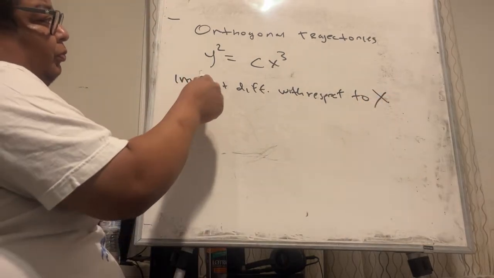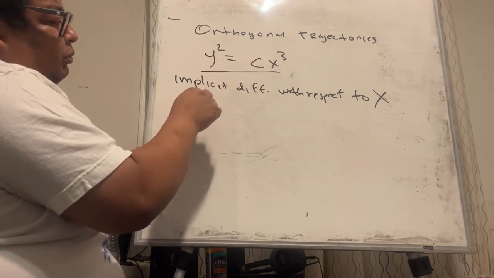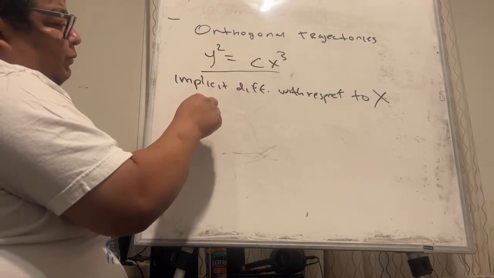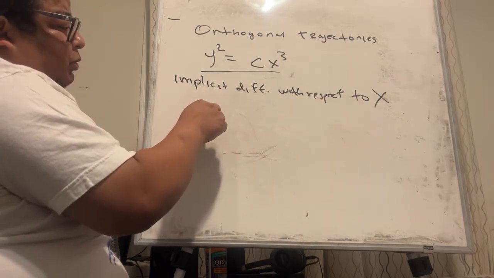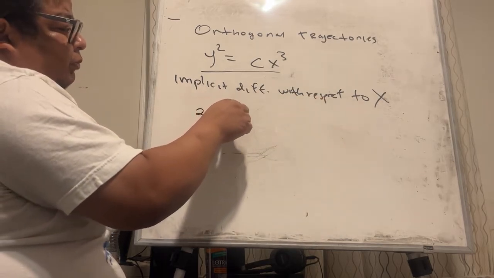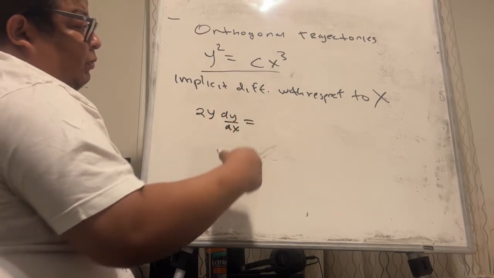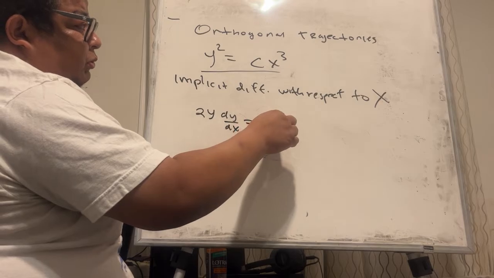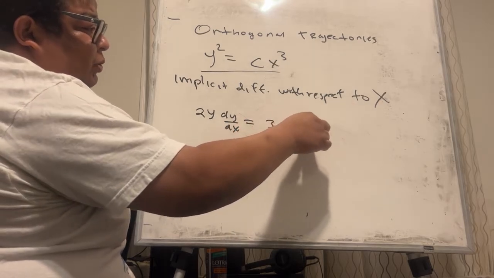So for this one, we take the derivative with implicit differentiation with respect to x. We're going to get 2y dy dx equal to 3cx squared.